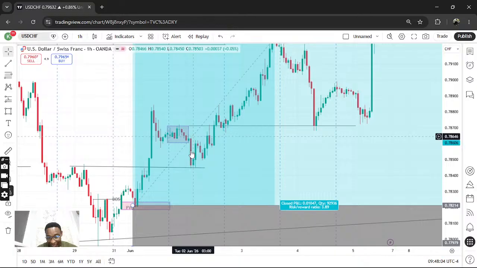And also, there is a support level that it is trading on. This is your confluence. The next thing is to take the trade and place your stop loss just below here. And you would have gotten this particular movement that happened.